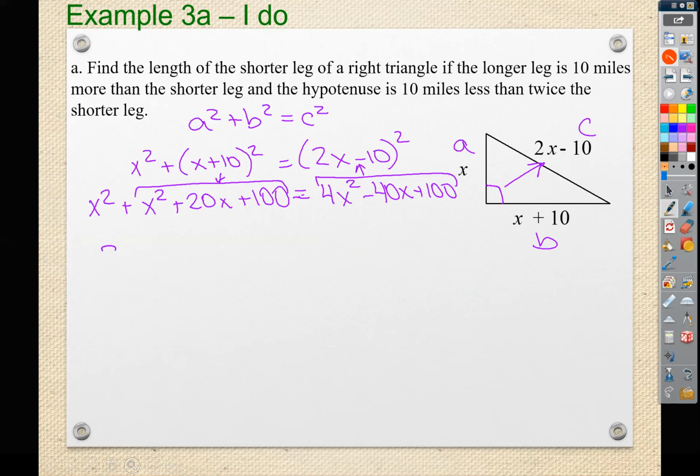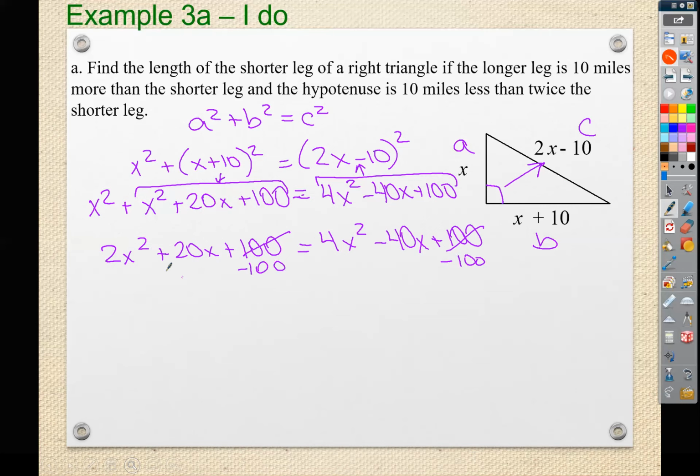Okay, now I'm going to get like terms together. So I've got 2x squared plus 20x plus 100 equals 4x squared minus 40x plus 100. What I hope you see is that the 100s will cancel each other out. If I subtract 100 from both sides, they'll just cancel out.